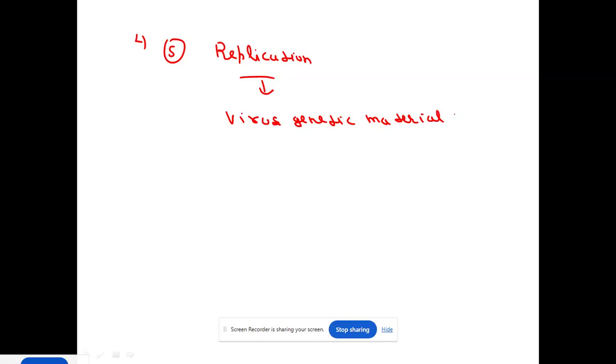So, what is special about this? That virus genetic material replicates only inside the host cell. Now here the question arises: why does it replicate only inside the host cell?